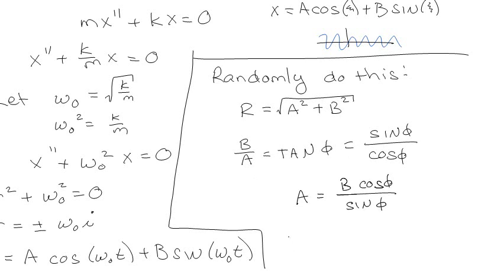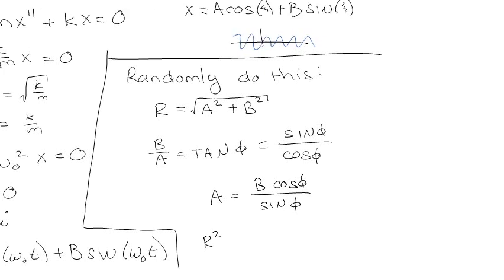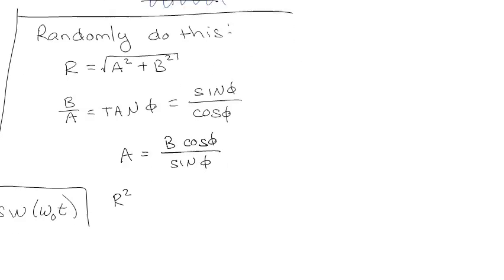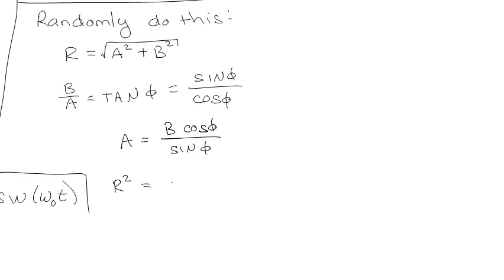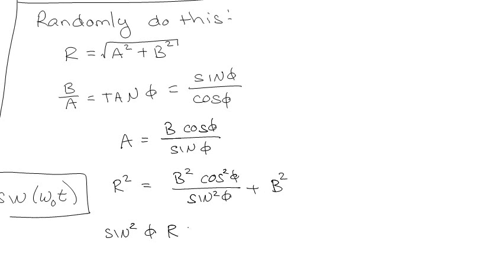All right, and I know that r squared is equal to a squared plus b squared, so I'm going to do more fun stuff. Now if I multiply the whole thing by sine squared, just to get that thing out of the bottom, we've got sine squared r squared equals b squared cosine squared plus b squared sine squared. Look at all this squared stuff.